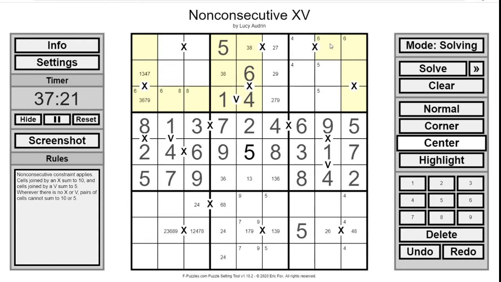Almost feels tempting to look at 5s again. Four restricts 3. 3 can only go one of those spaces.